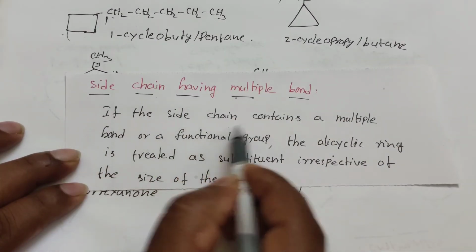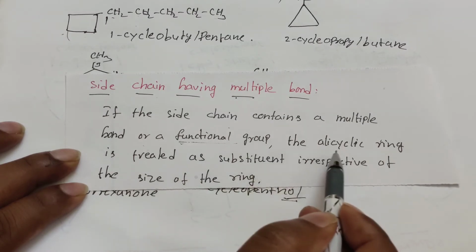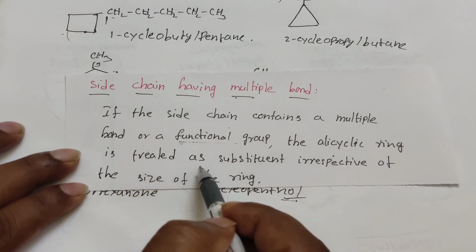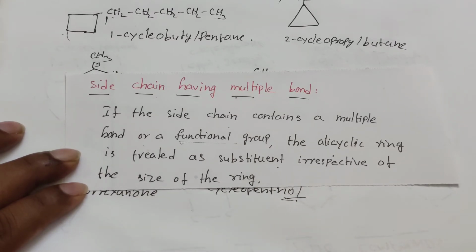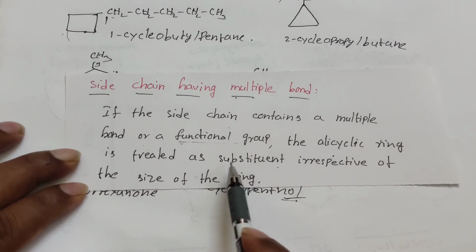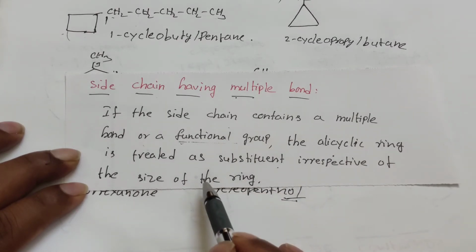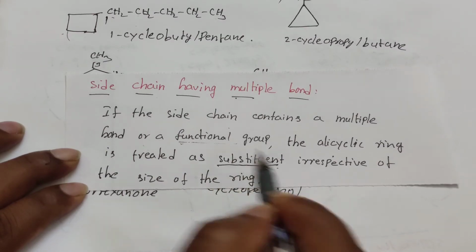If the side chain contains a multiple bond or a functional group, the alicyclic ring is treated as a substituent, irrespective of the size of the ring. So in case the side chain contains the multiple bonds or the functional group, the ring compound is acting like a substituent.